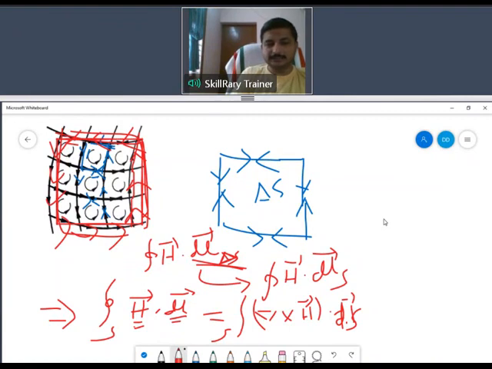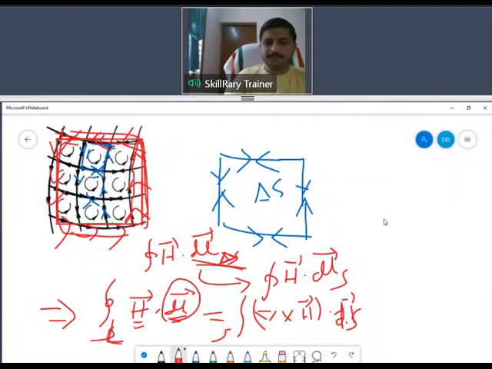So this is L, a line integral of H dot dl. This is a line integral because I am integrating with respect to dl. dl is length, so this is a length integral. So the closed line integral of H dot dl is the surface integral of curl of H dot dS. This is Stokes theorem.